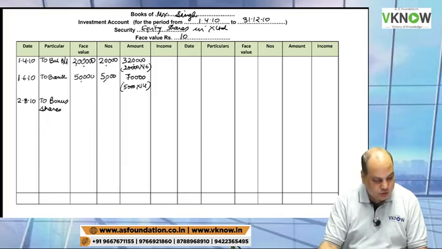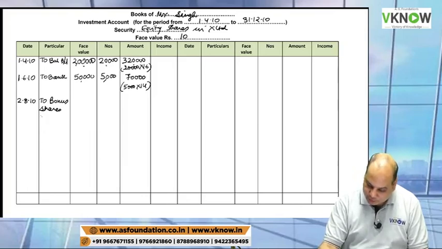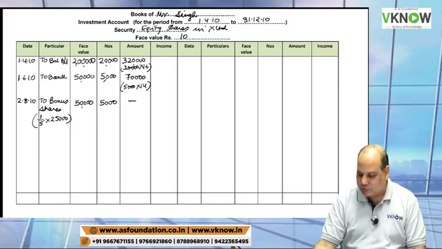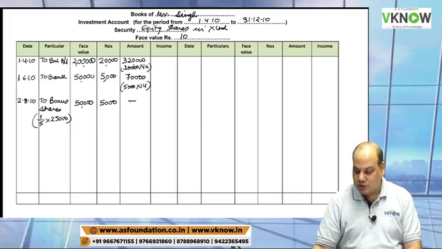Bonus share ratio is 1:5. 1 by 5 into 25,000 gives 5,000 bonus shares, face value 50,000. Cost is nil.